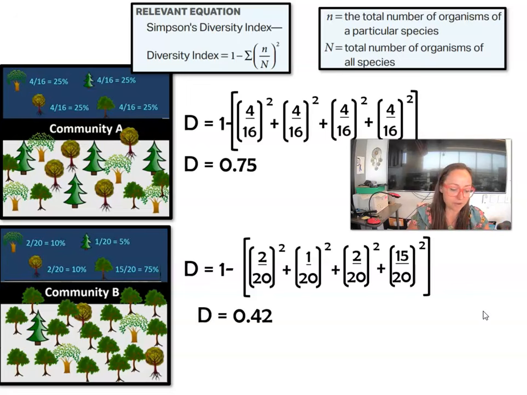It would be better at responding to disruptions to that community, and overall has a greater diversity index compared to community B. The reason for this is that one species in community B pretty much dominates the whole ecosystem, and that's the downfall for community B. All right, great job.